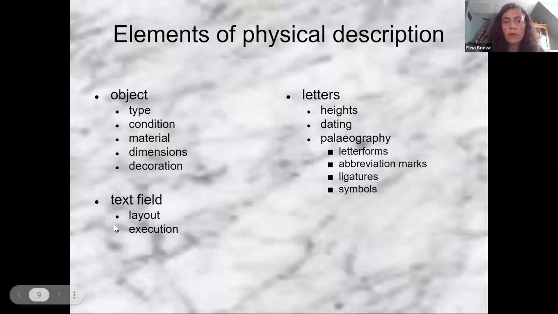The text field would contain a layout description: where exactly on your monument the inscription stands, what are the dimensions of the inscription field, and the execution. I will later show you what tags are used for these descriptions.